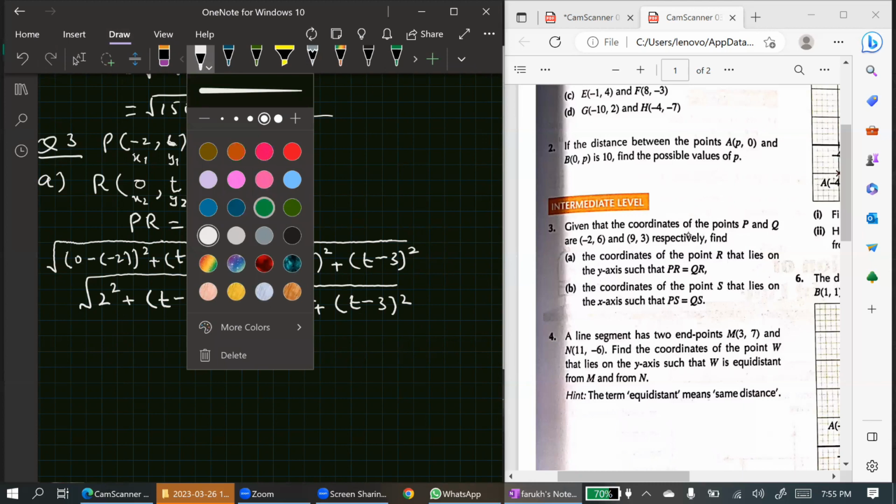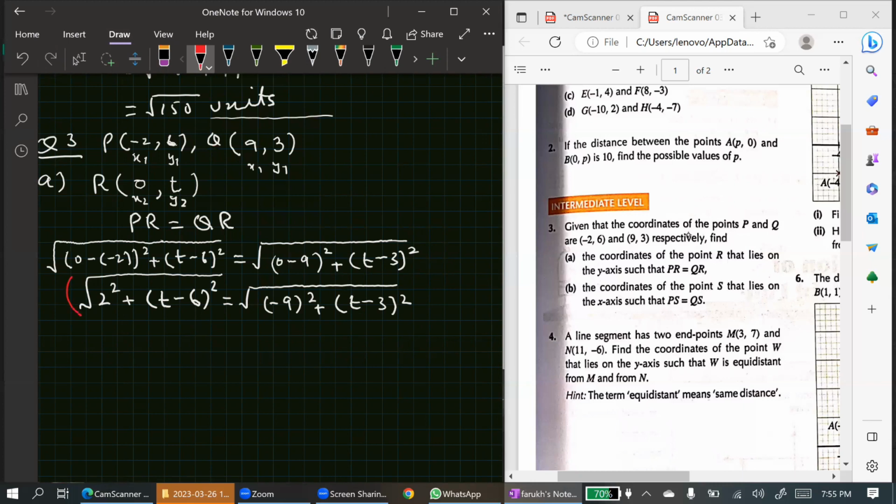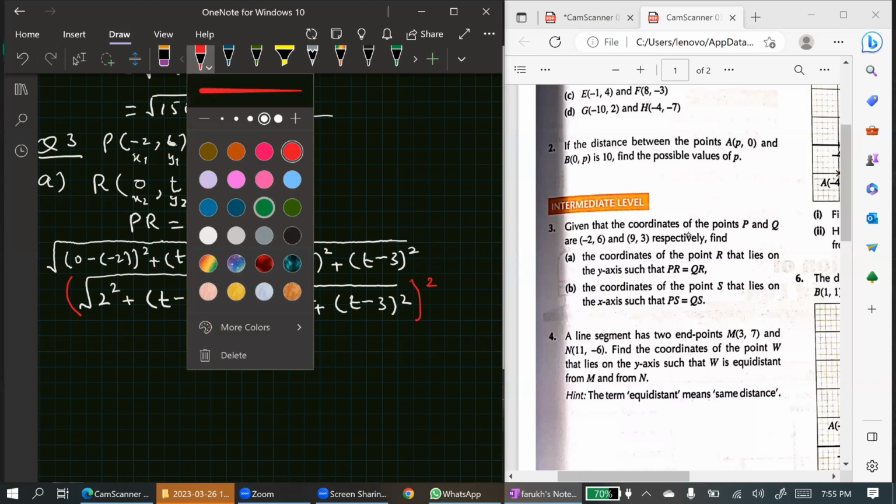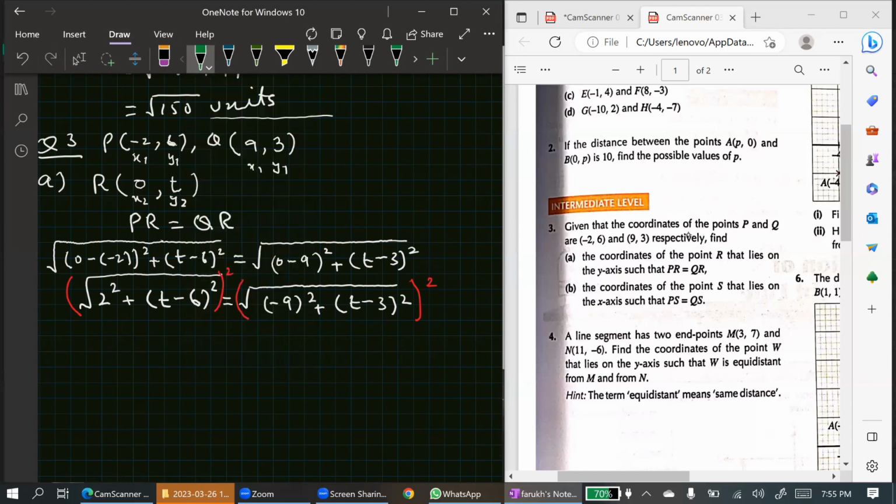Do you know that we can cancel this square root with the 2? Yes. We will cancel out this square root with 2.